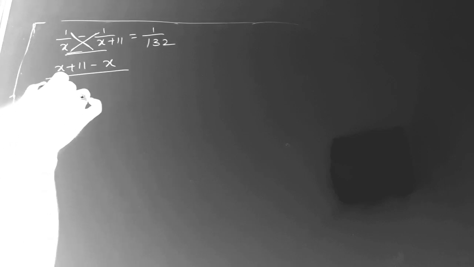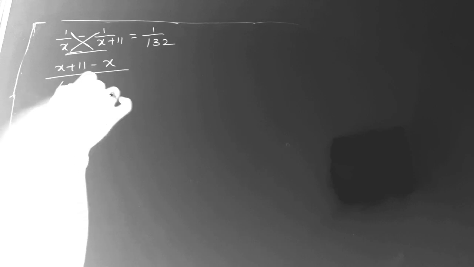So now here 1 into x plus 11 is x plus 11, minus 1 into x is x. Just do it crosswise here. Next, the product of the two denominators is in the denominator. That is equal to 1 by 132.